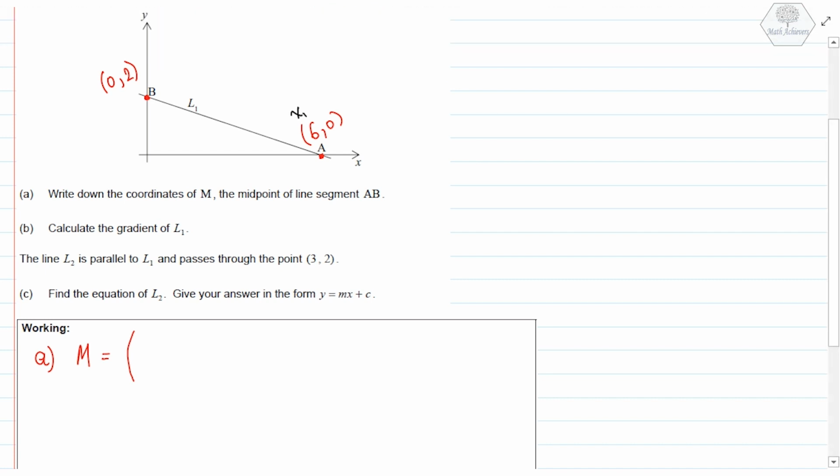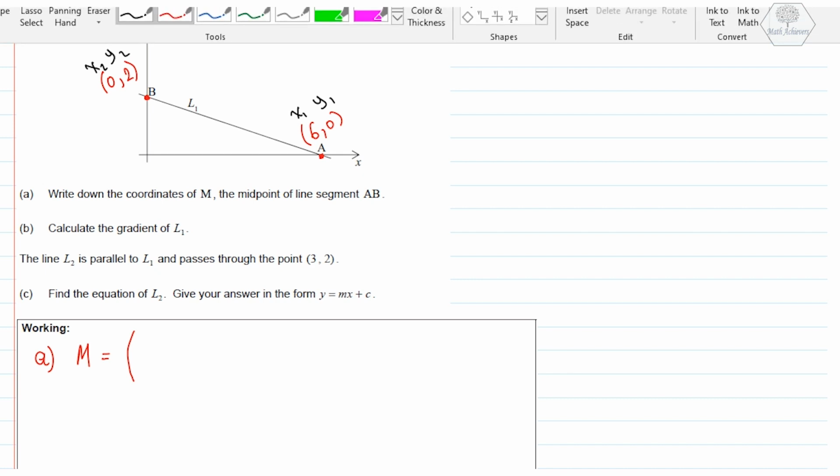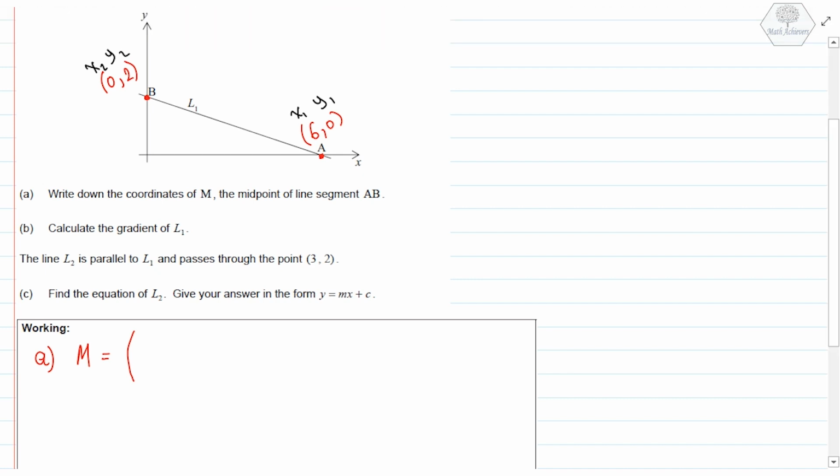This is x1, this is y1, this is x2, and this is y2. So the coordinate would be x1 plus x2, which is (6 plus 0) over 2, with (0 plus 2) over 2. So the coordinate of the midpoint is 6 over 2, which is 3, and 2 over 2, which is 1.